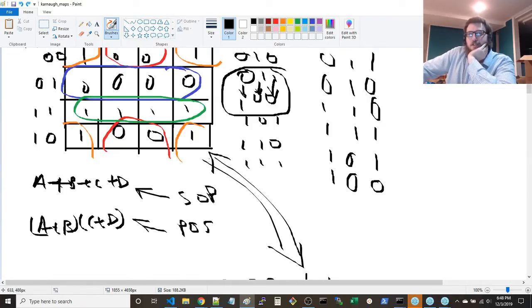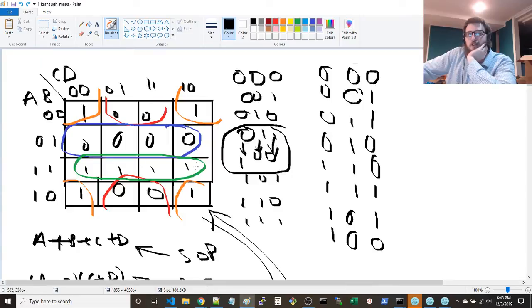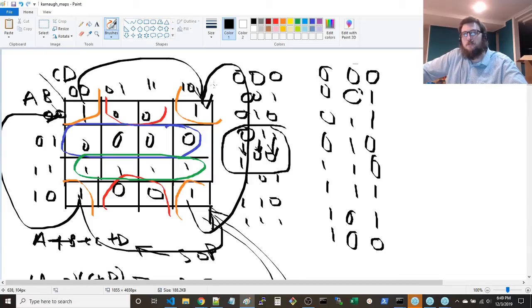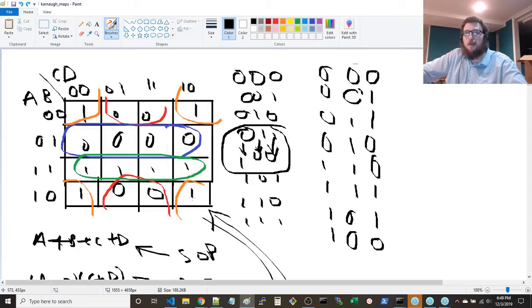The first thing is note that these are sort of connected to each other across multiple, what do you call that? It's sort of like a cyclical kind of way where it wraps back around, right?